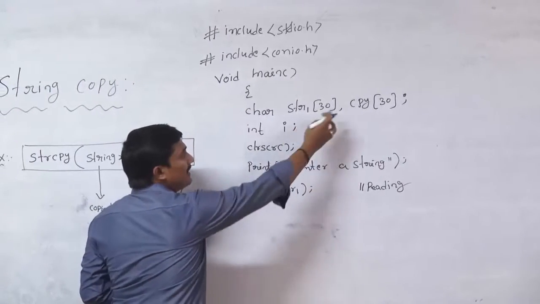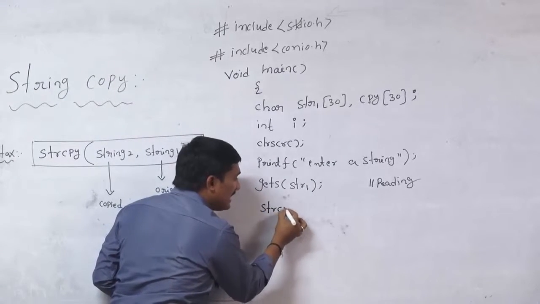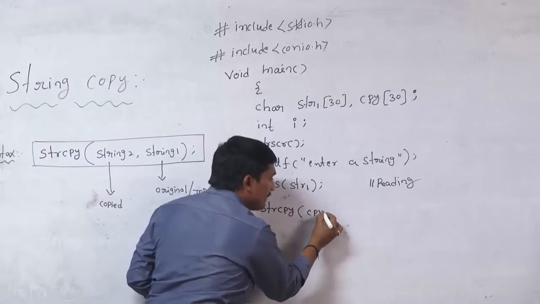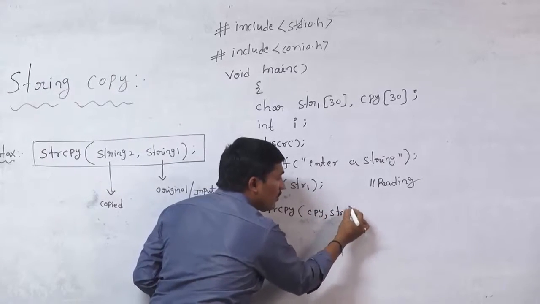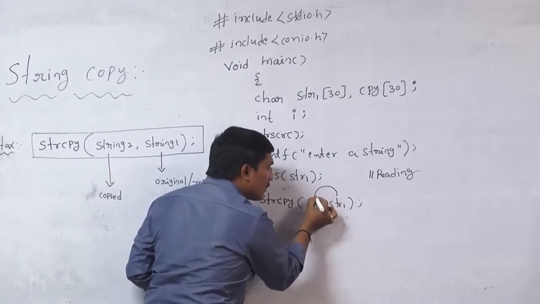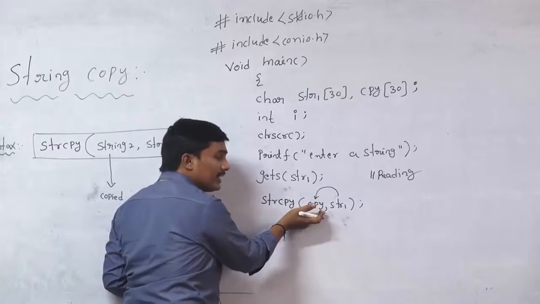String 2, I mean, let's take the copy string. So what is the function name? strcpy of, what is your string name? cpy comma str1. So this str1 is assigned to whom? cpy. So your output is now in cpy.